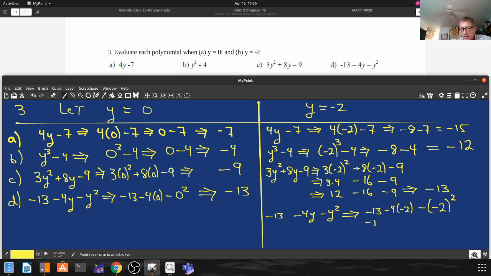So this is minus 13. Minus 4 times minus 2 is plus 8. And minus 2 squared is minus 2 times minus 2, which is 4. So minus 13 plus 8 is minus 5, minus 4, which gives me minus 9.